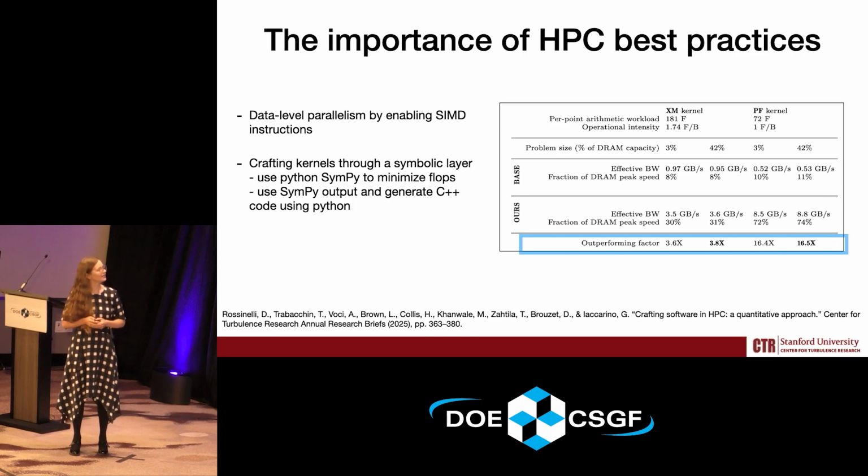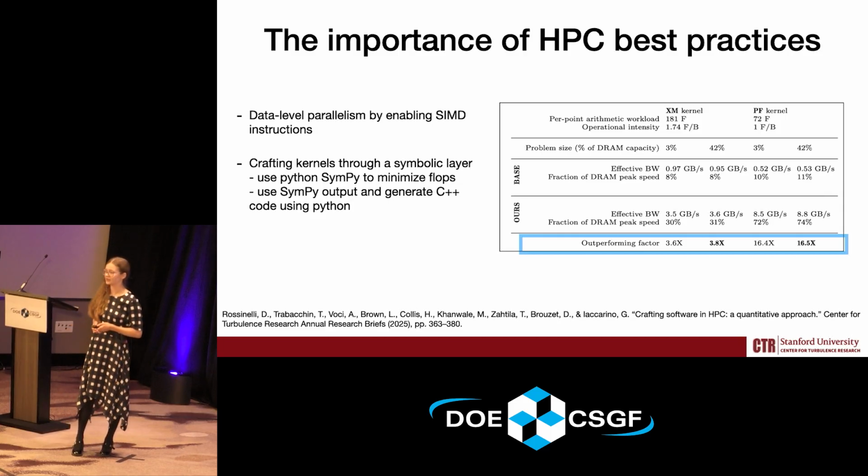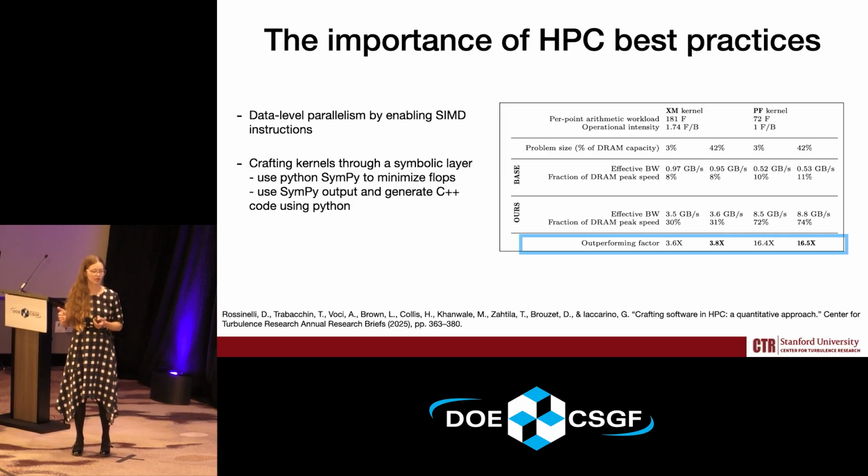The first one is enabling data level parallelism in the code by enabling SIMD instructions in the instruction set. This component of this work highlighted to me the importance of inspecting the assembly that your code produces to make sure that you have those SIMD instructions to accelerate your code, as well as crafting your code in a way that the compiler can easily understand and optimize.